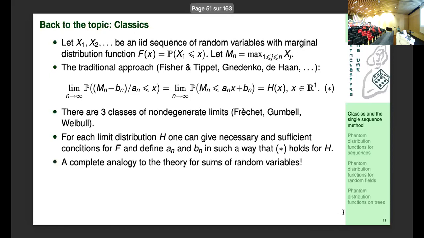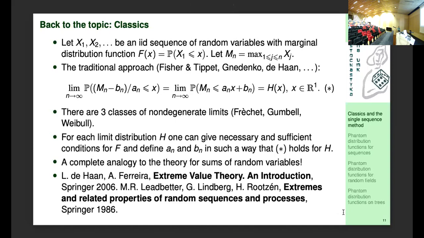So this is, in a sense, a complete analogy to the theory of sums of random variables. And this theory, of course, is not really well known. There is a relatively new book, Extreme Value Theory by de Haan and Ferreira, but the older one, by Leadbetter, Lindgren, and Rootzén, still can be a source of good results, because there are classic computations from the golden era of this theory.